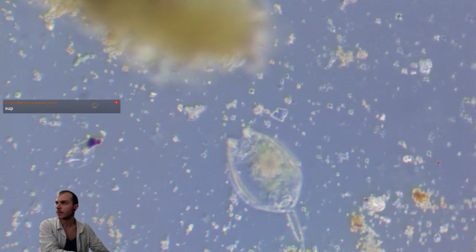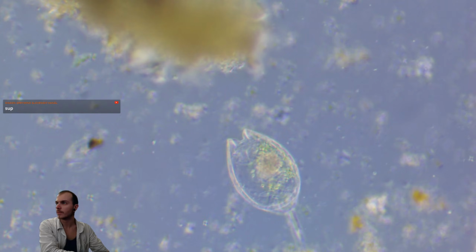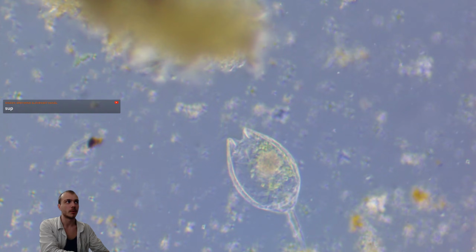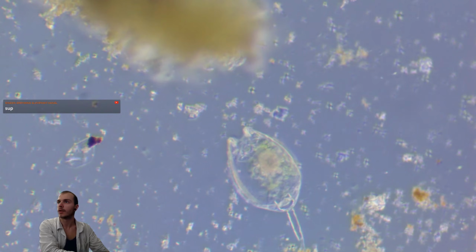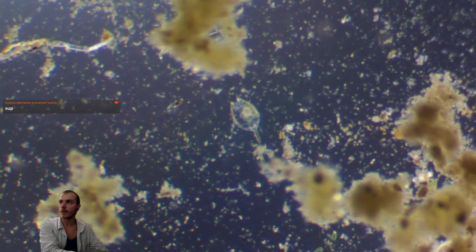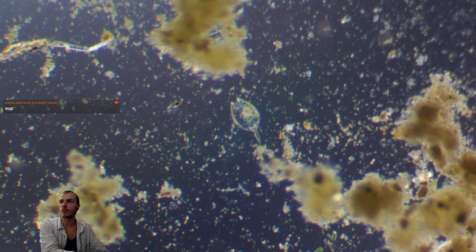Dead rotifer. Like skeleton from him. It will be pretty active if it was alive. This is a multicellular organism.